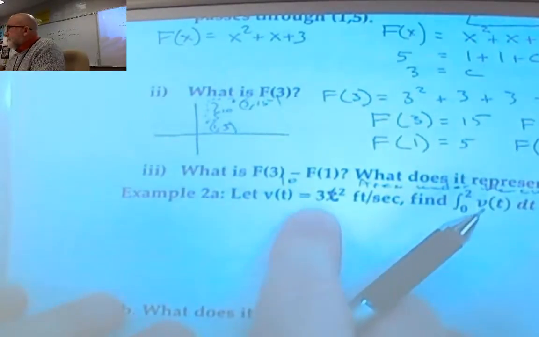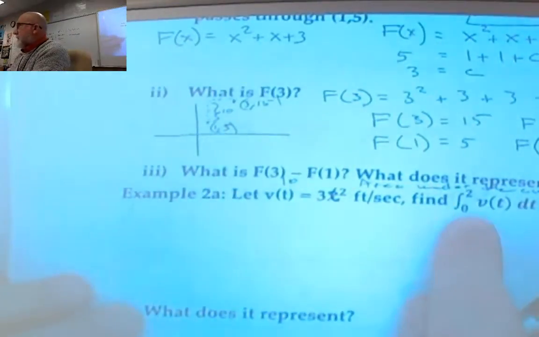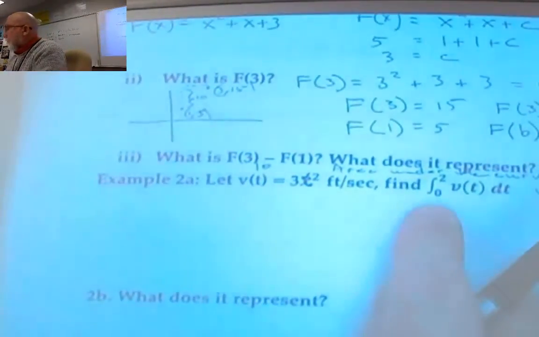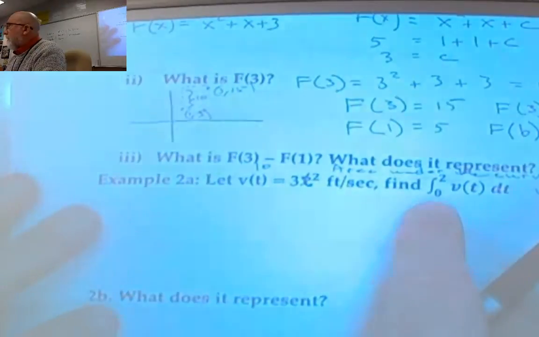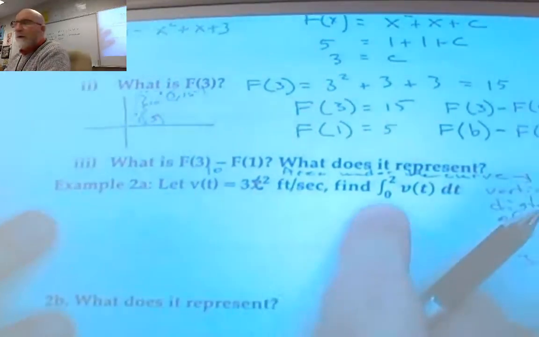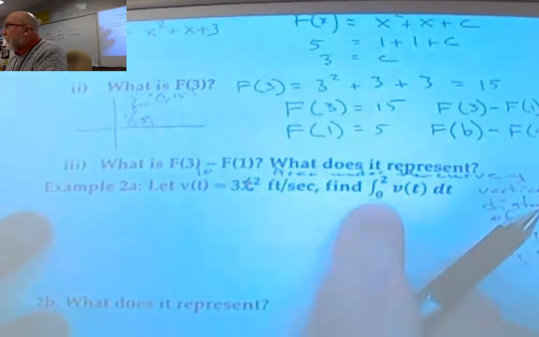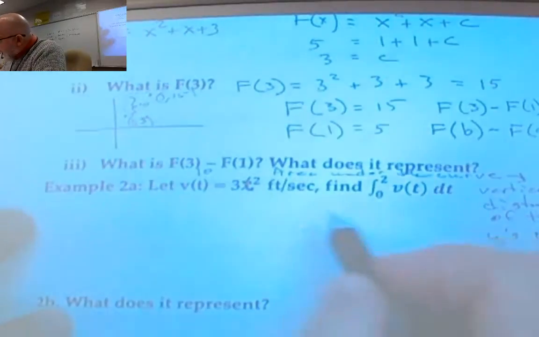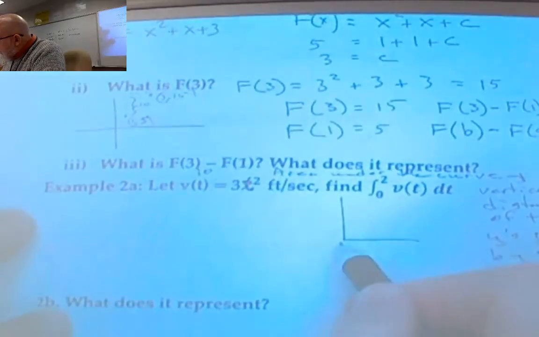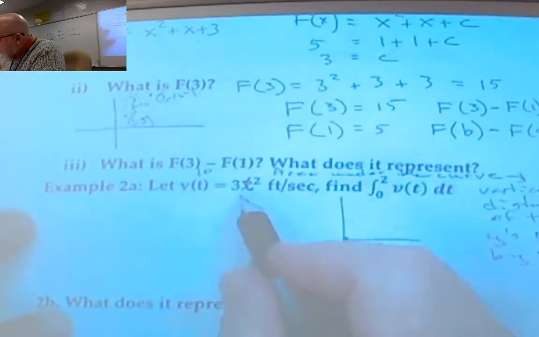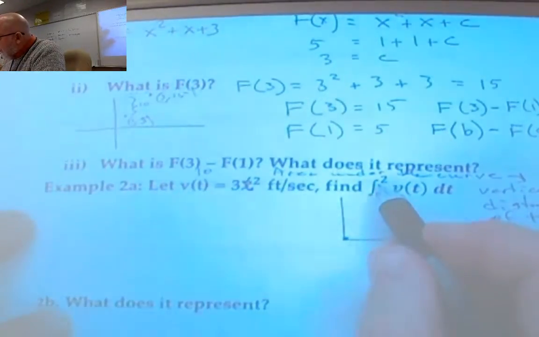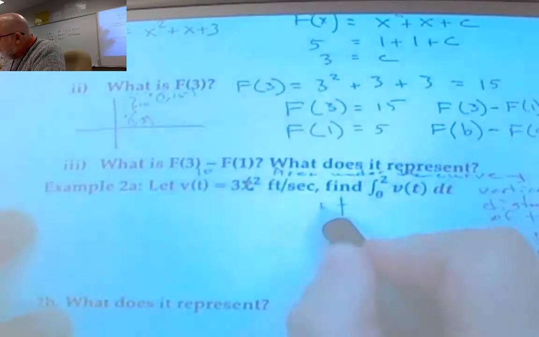Okay? And it asks you to do this. So you're finding the area underneath that curve that represents velocity. Correct? If I would draw that, here's (0, 0). And if I put 2 in there, I think I get 12. Would you agree?